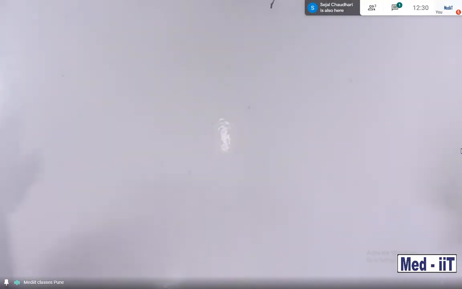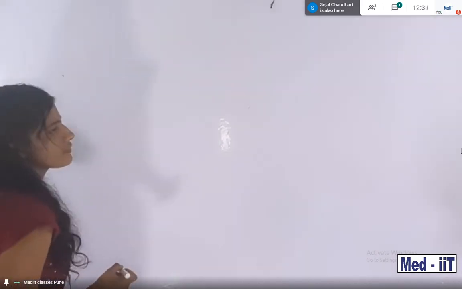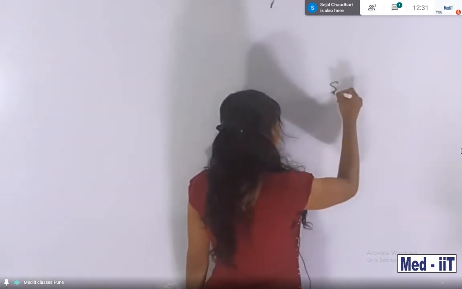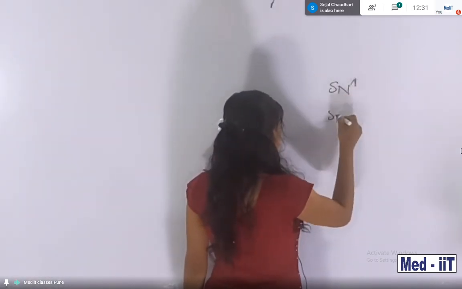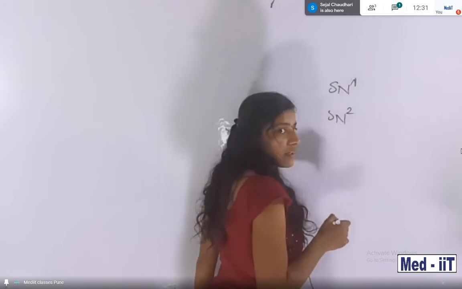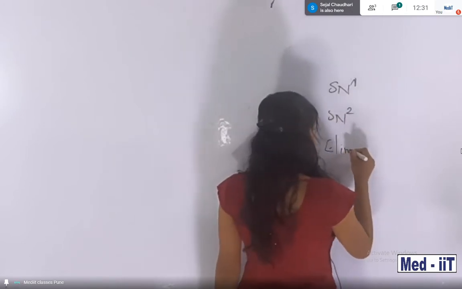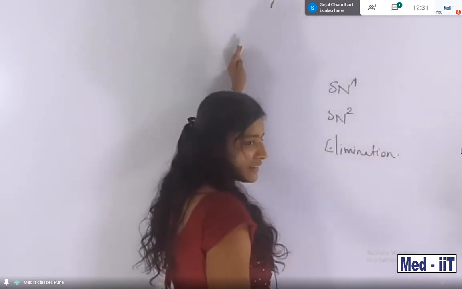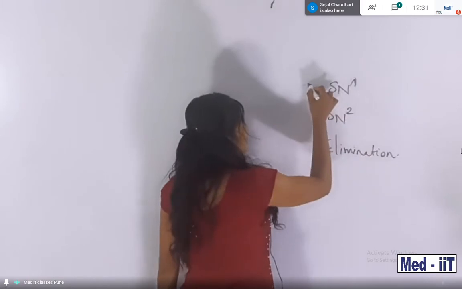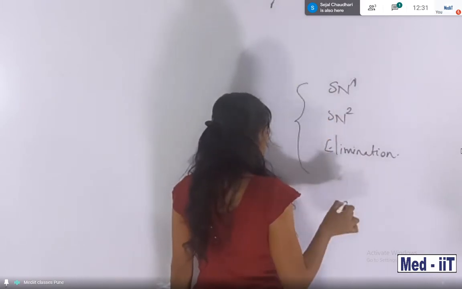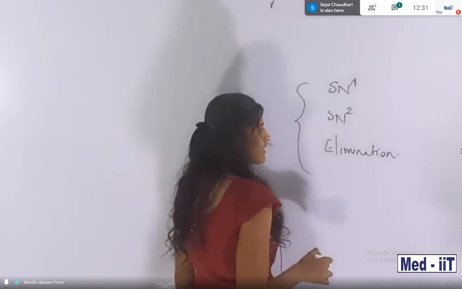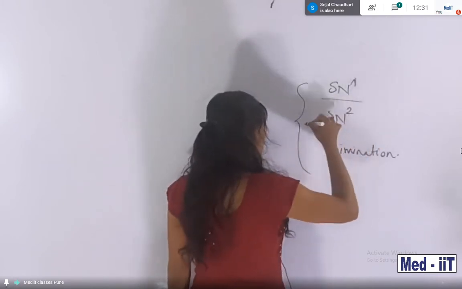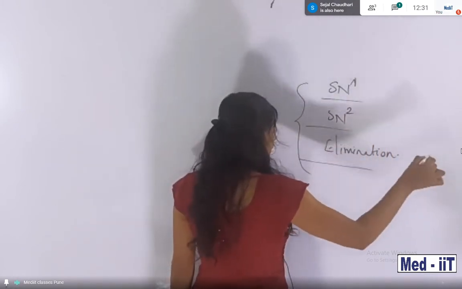So, in our previous section, we discussed substitution reactions like SN1, SN2, and elimination reactions. Today I am going to explain some questions related to your previous portion: SN1 related, SN2 related, then elimination related.